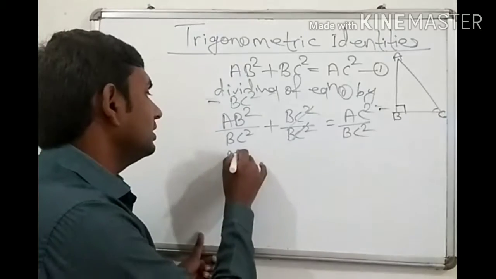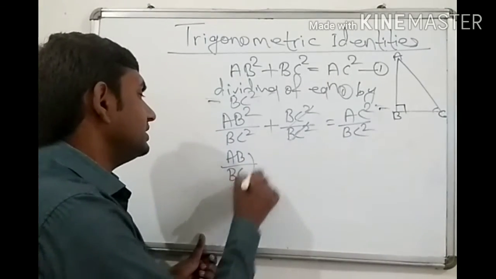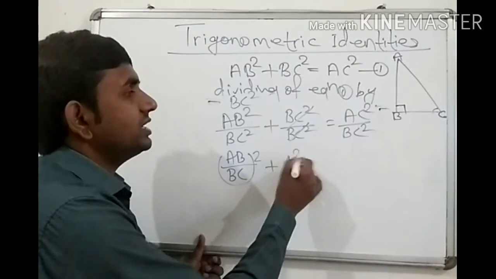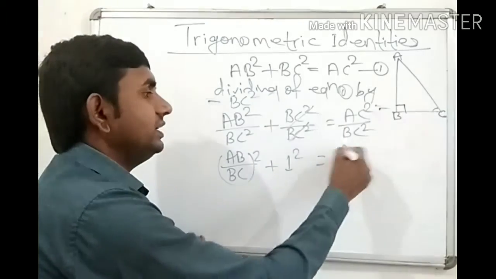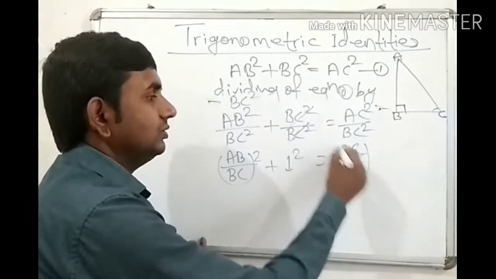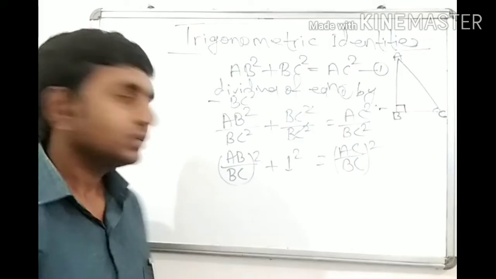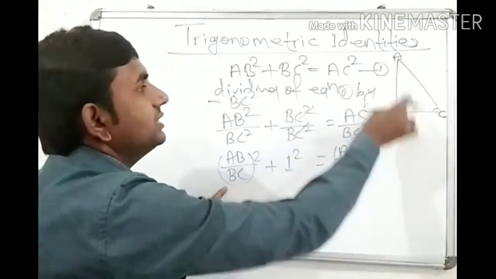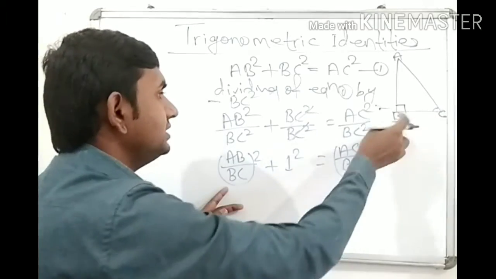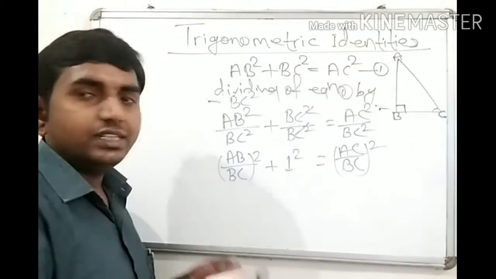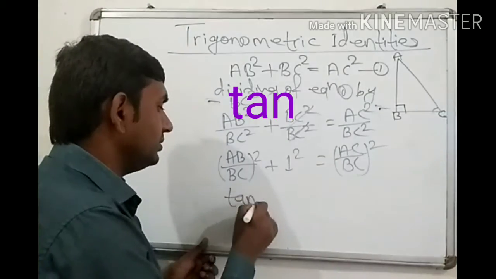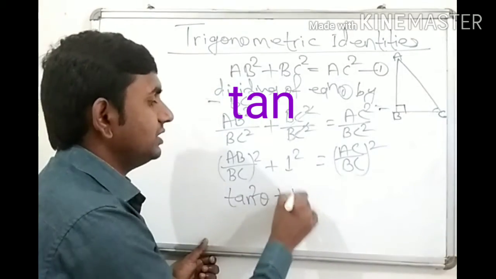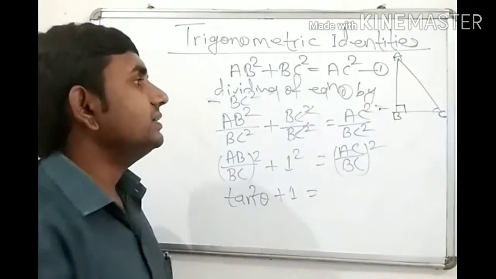Then we have (AB by BC) whole square plus 1 square is equal to (AC by BC) whole square. Now AB by BC: AB is the perpendicular and BC is the base, so it indicates tan theta. So we write tan square theta plus 1, and here AC by BC.